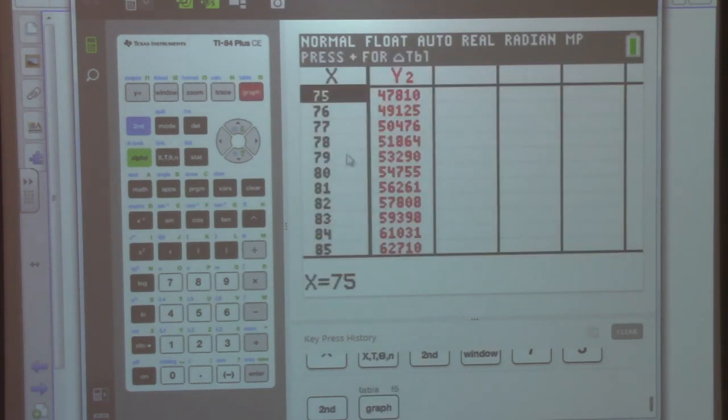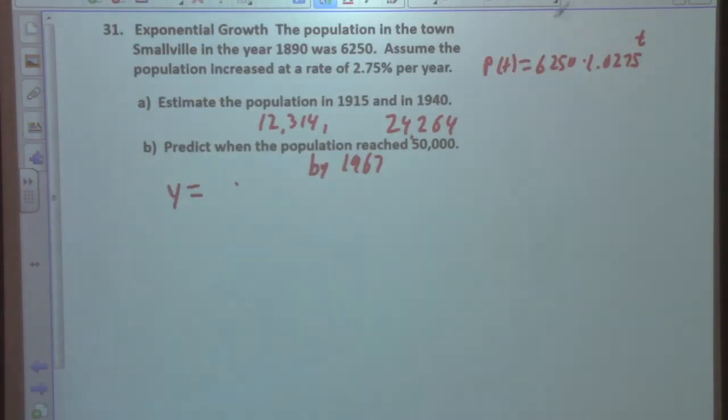Then we go here and we see that between year 76 and 77 we went over 50,000, right? So by 77 years, and how do we get 77? 1890 plus 77 equals 1966, or 1967, excuse me.